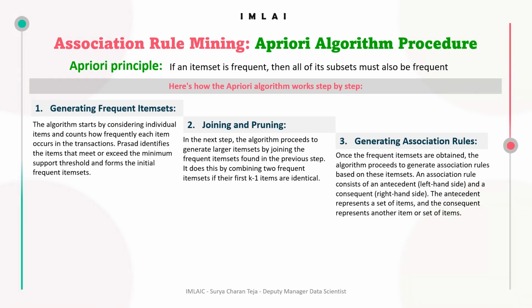The antecedent represents a set of items and the consequent represents another item or set of items. Prasad uses a confidence threshold, a minimum reliability, to select meaningful association rules. The algorithm calculates the confidence of each rule by dividing the support of the combined item set by the support of the antecedent item set.